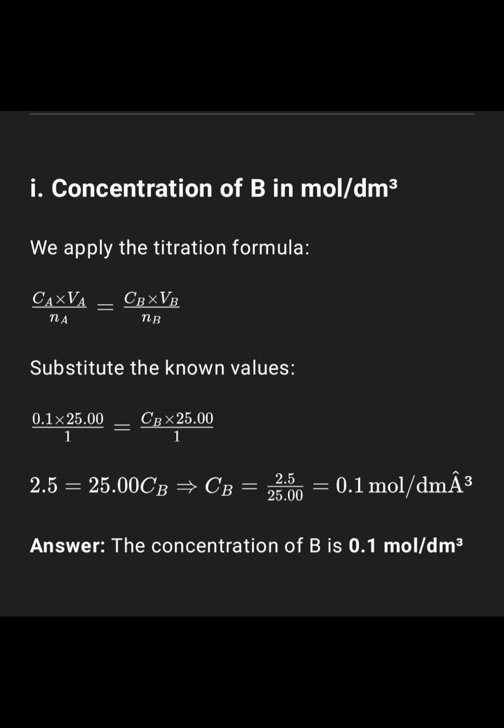Inputting our parameters, remember our NA and NB are 1 because the mole ratio is 1:1 in the equation. So doing the calculation, you will have 0.1 mole per dm cube as the concentration of our B. It's very clear: just make CB subject of the formula and you're good to go.